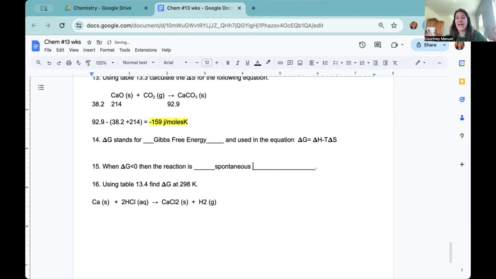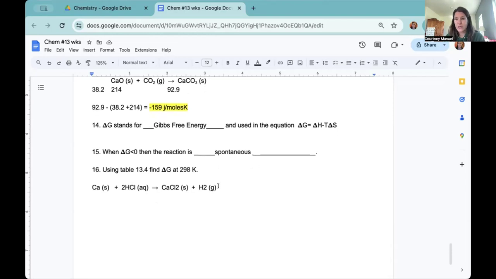It's just going to happen, just boom. So that means when it's negative, when our entropy, our chaos, is greater than our bond energy, our reaction is spontaneous and just happens.